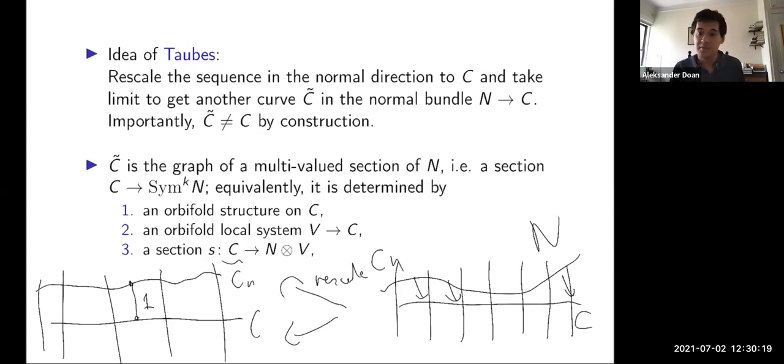So for example, I can fix the Hausdorff distance of the rescaled sequence to be 1 to the 0 section. So now I get a new sequence of curves called C_n twiddle.